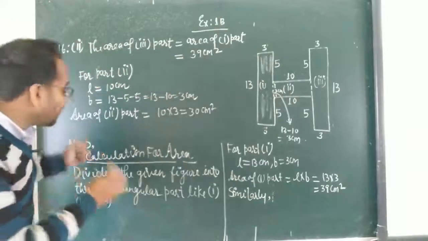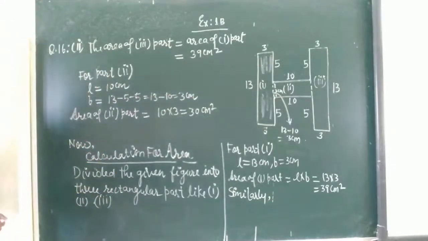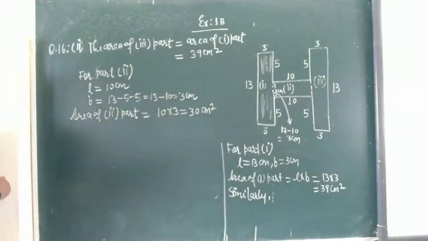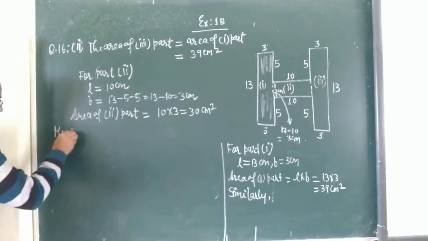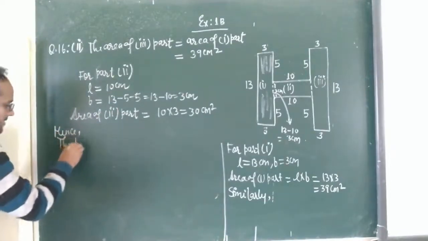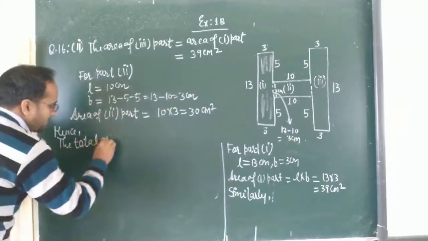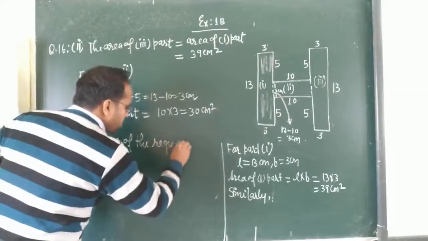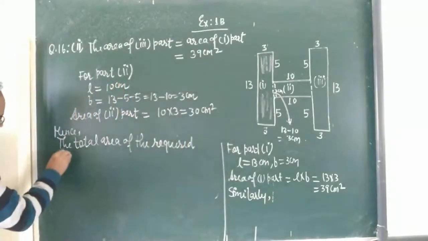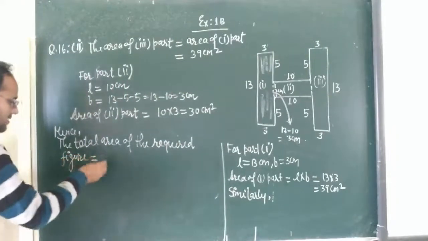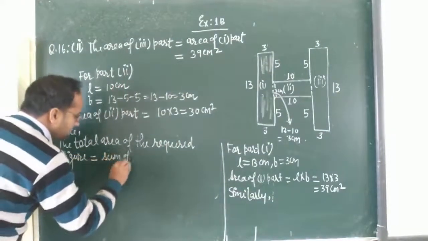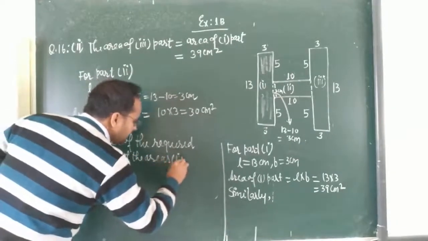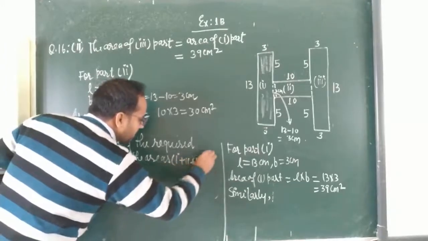Now our aim is to find the total area. Hence the total area of the required figure is equal to the sum of the areas of the first, second and third parts.